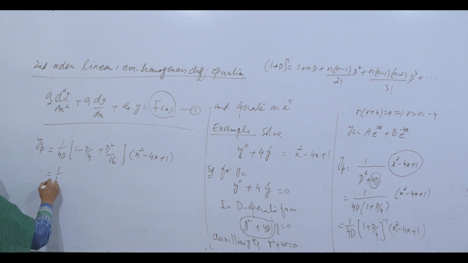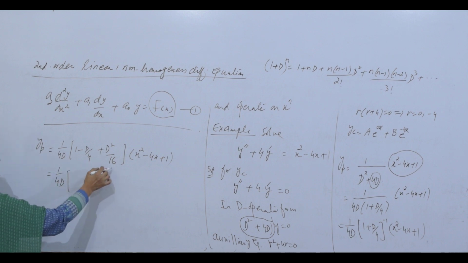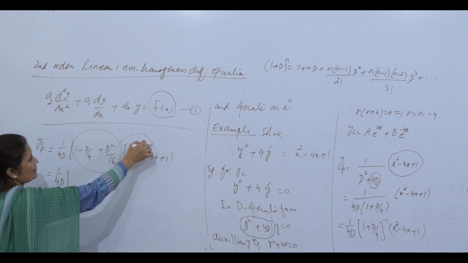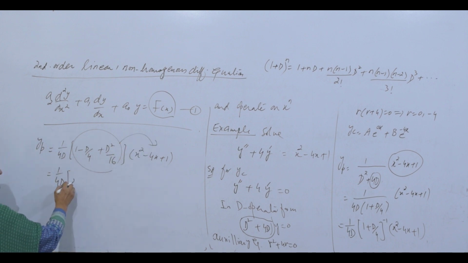So 1 over 4D as it is, operating on this function. First of all, 1 is multiplied by x squared minus 4x plus 1.